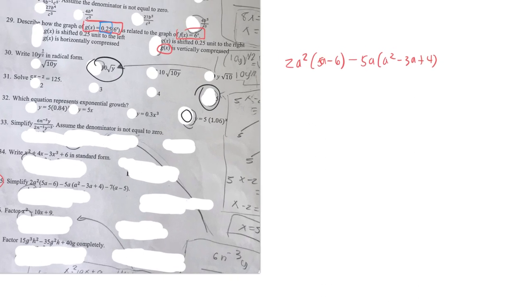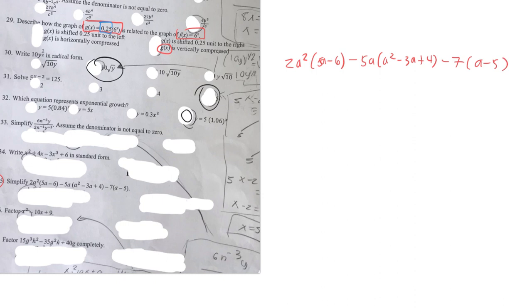Okay, looking at this one here, simplify all of that. Yeah, so I'll rewrite that up here. We have 2a squared times 5a minus 6 minus 5a times a squared minus 3a plus 4 minus 7 times a minus 5.